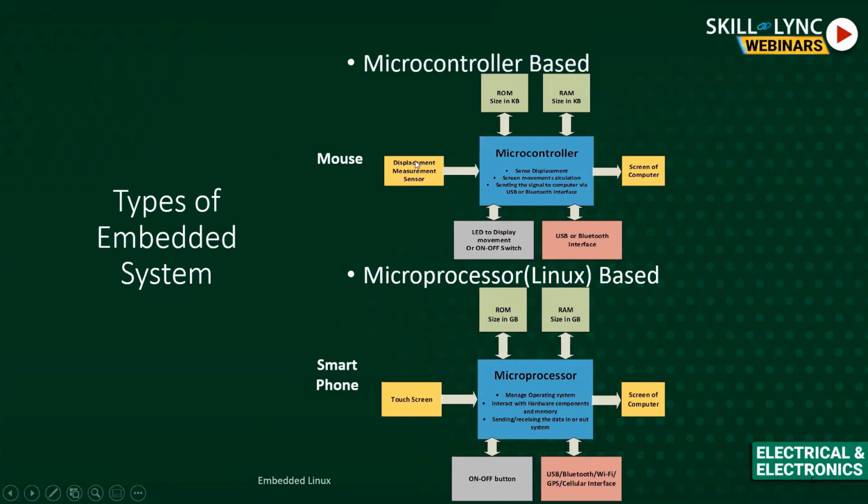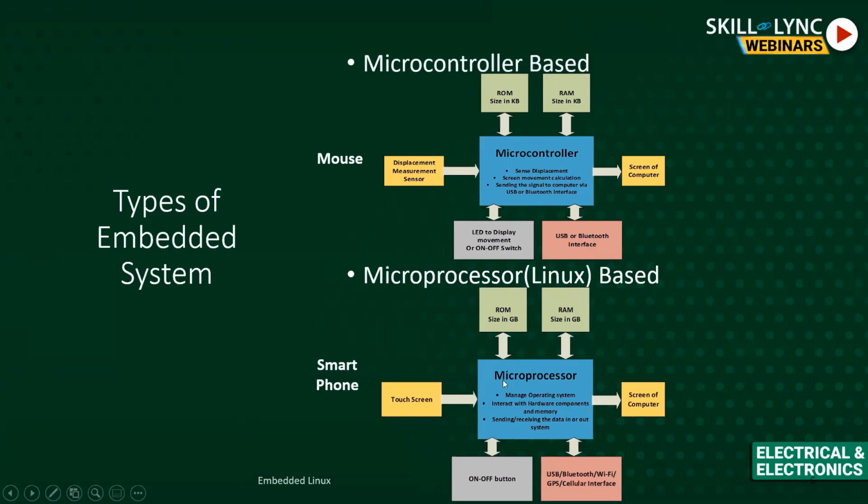So this is the microcontroller based system. And here we need hardly some KB of memory, ROM as well as RAM. The external additional circuitry we need is some kind of LED to display whether it is on or off, or an on-off switch, or some kind of interfaces. In this case, we have the USB or Bluetooth interfaces.